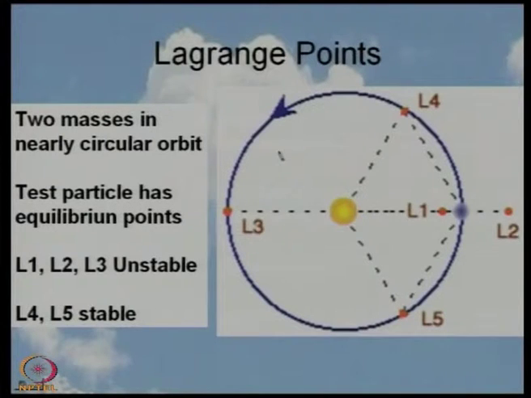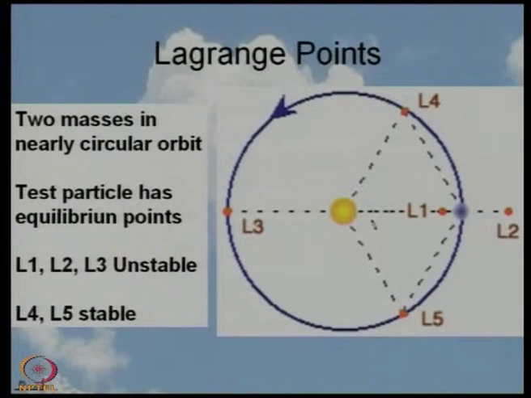So, we are going to now discuss what we mean by Lagrange points, and it is illustrated in this picture. This is something that Lagrange, the famous mathematician, pointed out. You consider two masses in a nearly circular orbit.